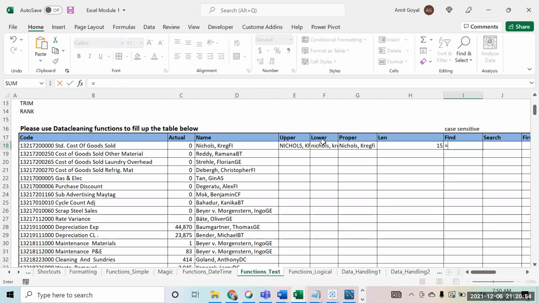You say equal to find. It asks what you want to find: I want to find comma, which goes in double quotes. Within text, where do you want to find it? Over here, and close it. It gives you that the comma is at the 8th position. Please try this.